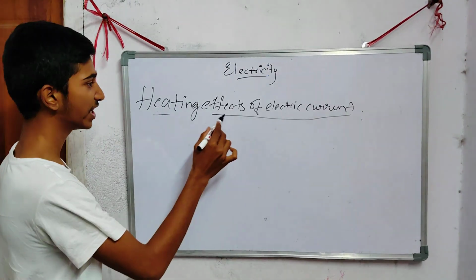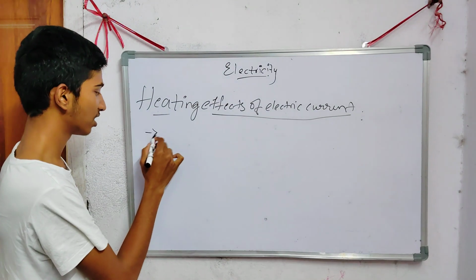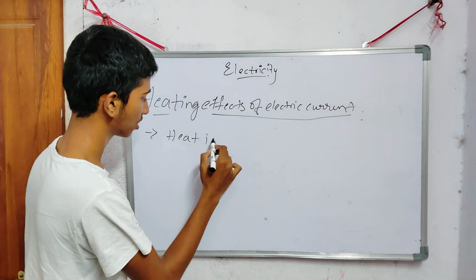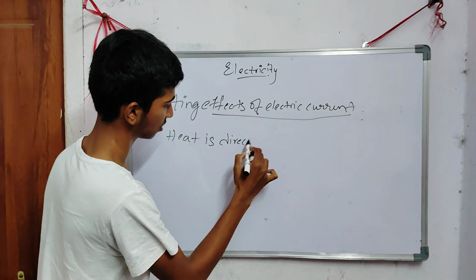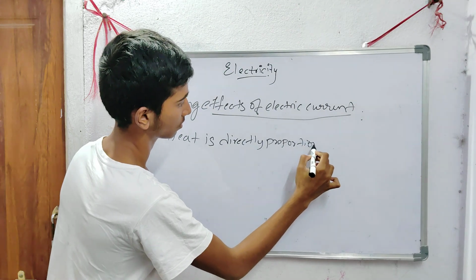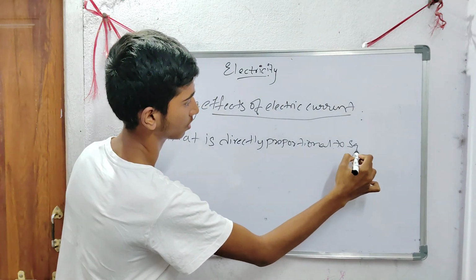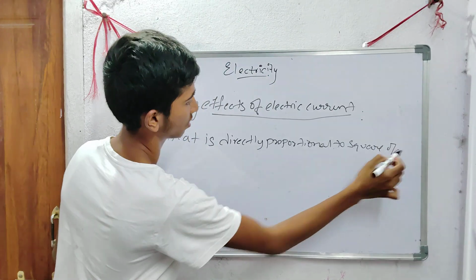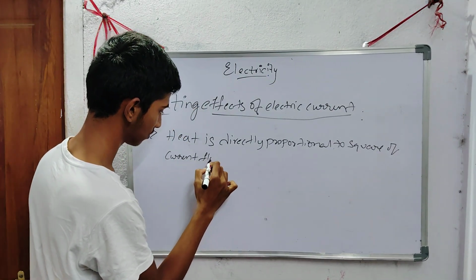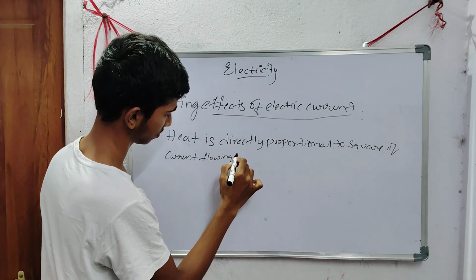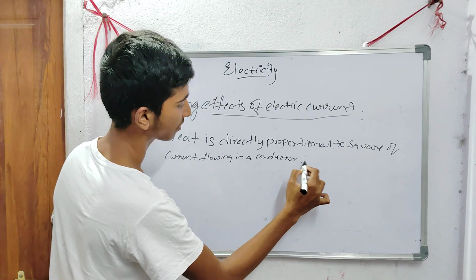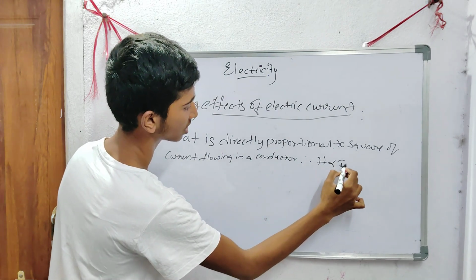The next topic is heating effects of electric current. Heat is directly proportional to the square of current in a conductor. Therefore, H proportional to I square.